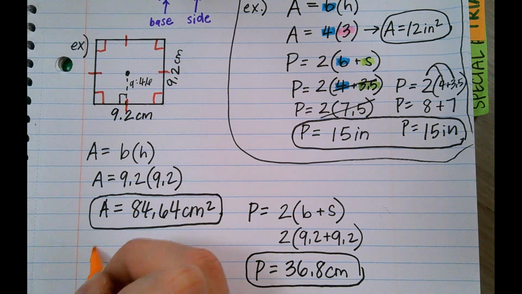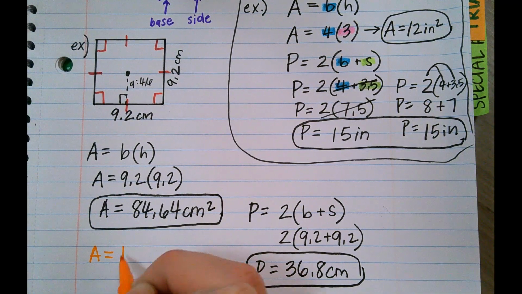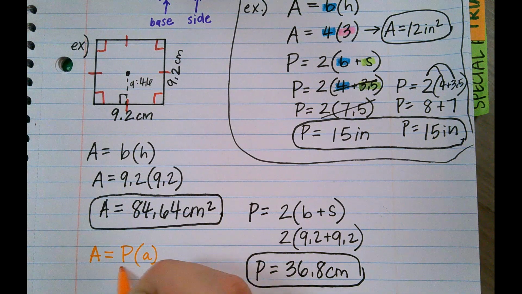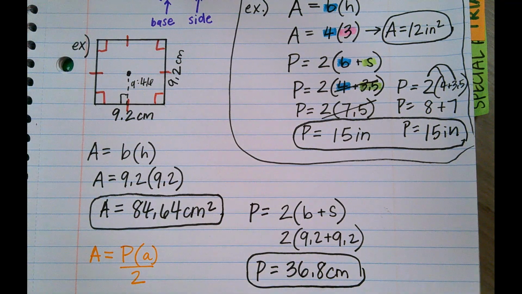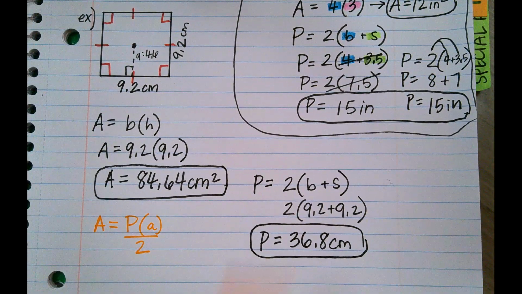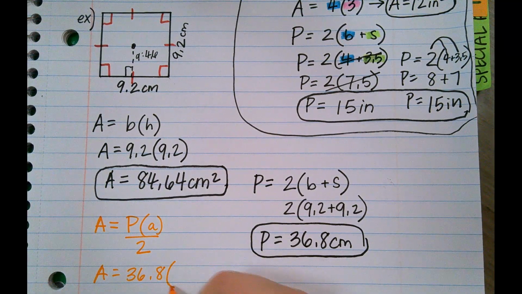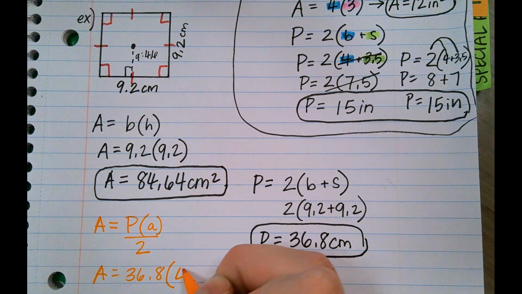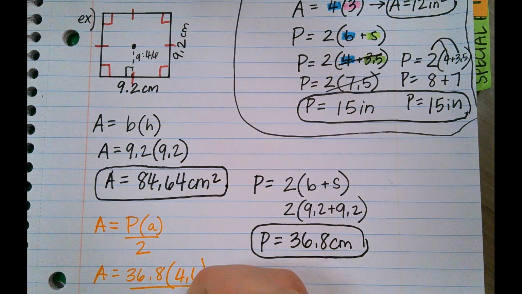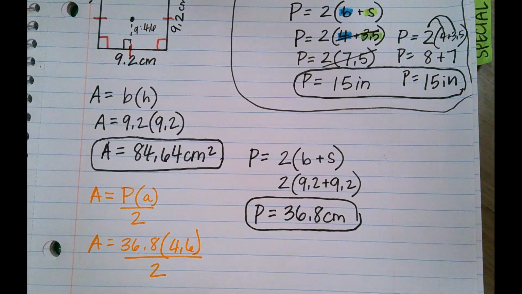So if I wanted to use the regular polygon, we know it's perimeter times apothem divided by 2. Perimeter is 36.8 times, we said our apothem is 4.6, divided by 2. Let's see if it gives us the same answer.